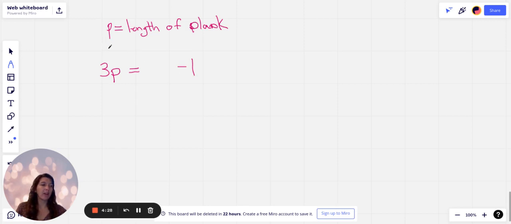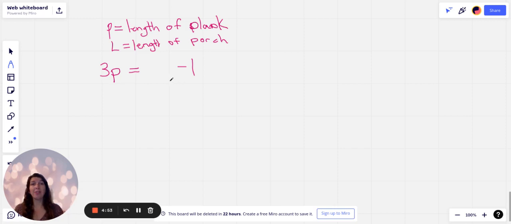So I'm going to have another variable that I'm going to define. I'm going to call this capital L. We'll call this the length of the porch. This is a hard problem, and it's one of its kind. There's not a lot of practice of this problem, so don't be discouraged.